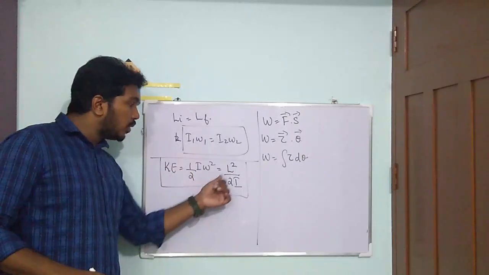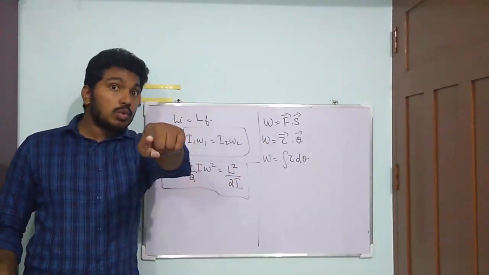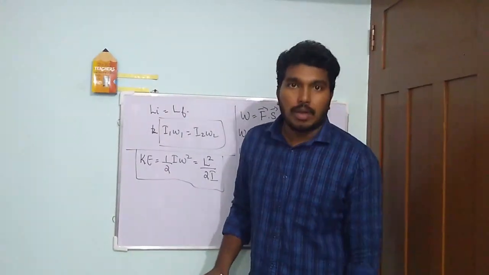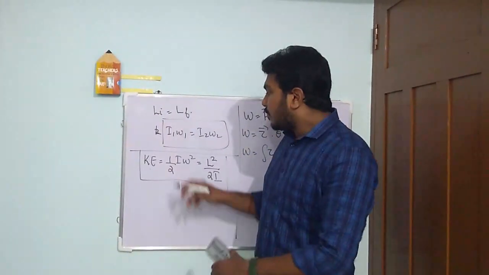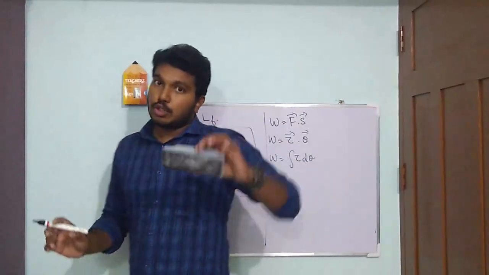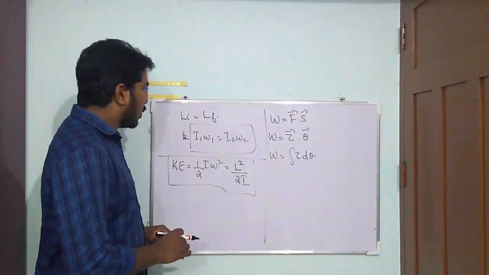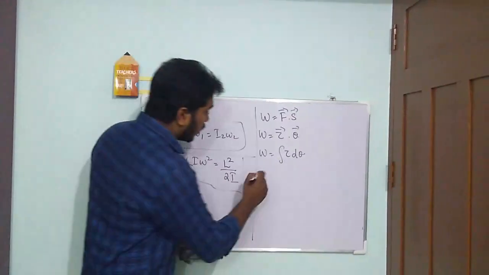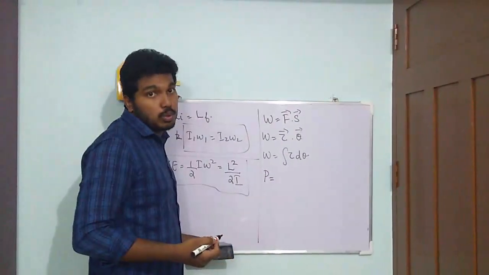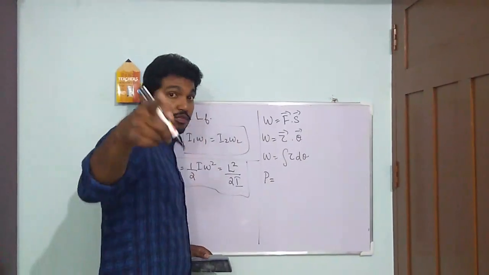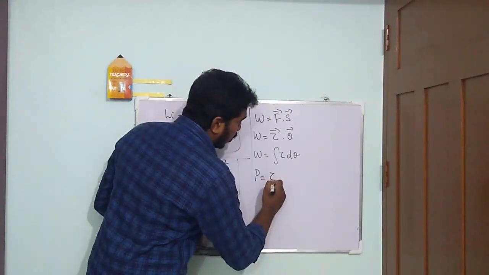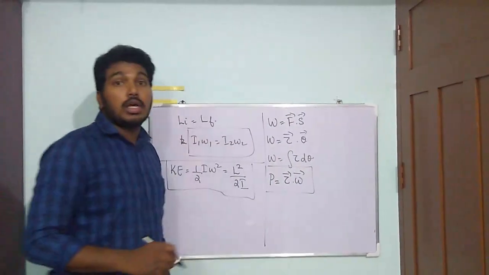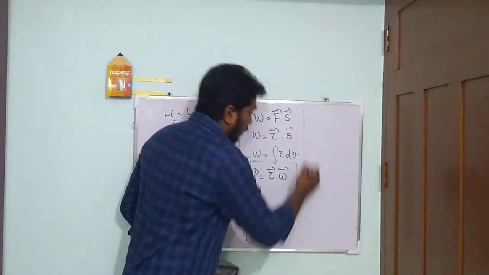Kinetic energy is equal to L square by 2I, similar to P square by 2M, which you have learned in work, energy, power. Now power. Power is equal to F dot V, so here it is tau dot omega.